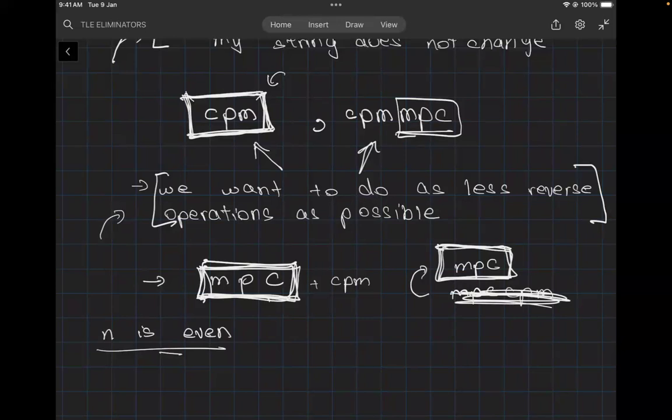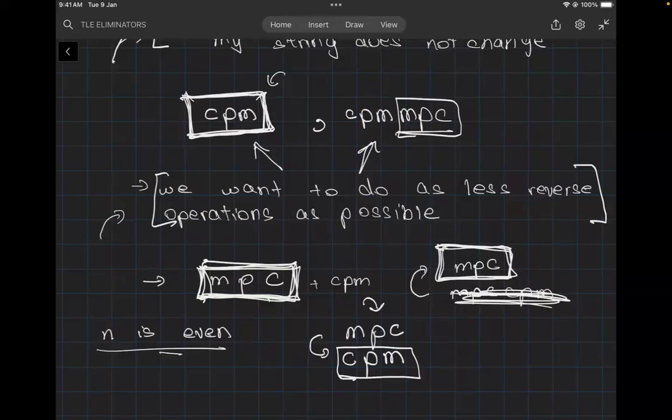Now, let's see what happens when we do one reverse operation. On the first operation, if I do a reverse operation on MPC, it becomes CPM. If you notice, CPM is smaller than MPC. How will this help us?